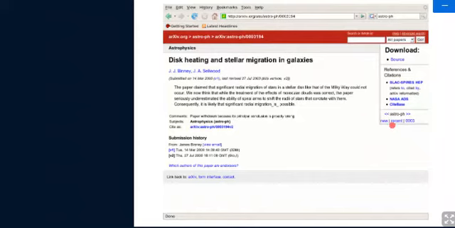And the paper is withdrawn, because its principal conclusion is wrong. What they say is that the paper seriously underestimated the ability of spiral arms to shift the radii of stars that co-rotate with them. The co-rotate part is important here. Okay, so we carry on.